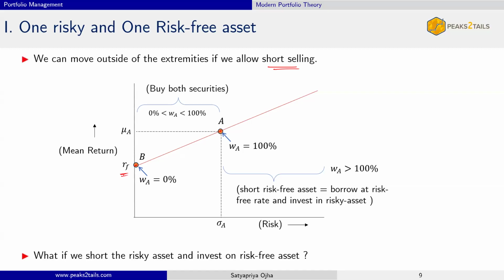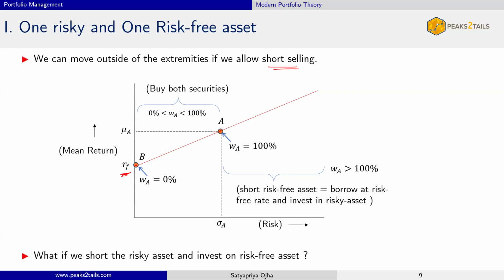So it is like shorting the asset, which means you are borrowing at the risk-free rate, and whatever money you got, you invest in A. So it creates a leveraged position in A. Okay, you are shorting the risk-free asset, and you are investing heavily in A, right?